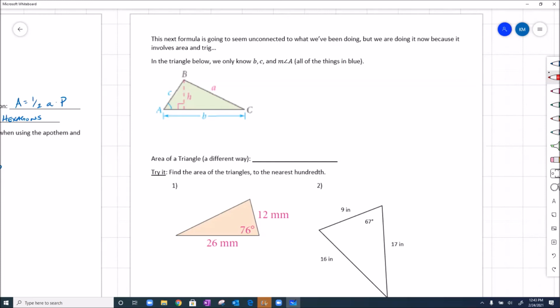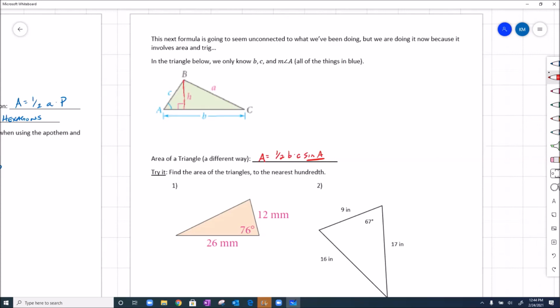Area equals 1/2 B times C, where those are side lengths, times sine A. Remember, this is one whole value together. 1/2 BC sine A. What that really does is, we are able to use our base, and then C sine A should give us the height. And so we have 1/2 base times height.